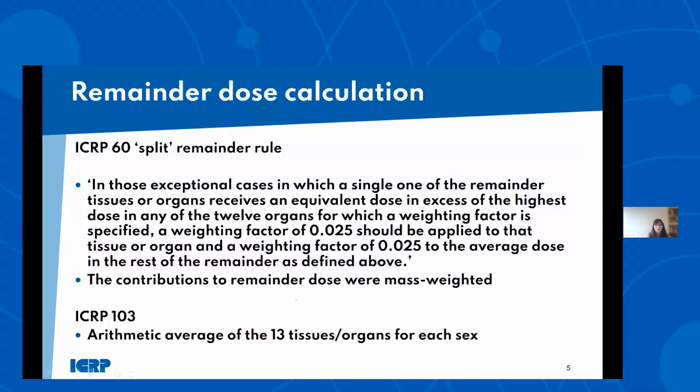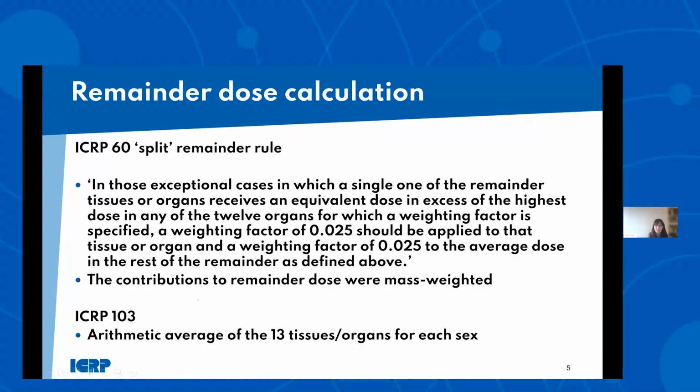And that's quite a departure from the old remainder dose calculation. In ICRP 60, they implemented the split remainder rule. So in those cases, if an equivalent dose of one of the remainder tissues or organs received an equivalent dose which was higher than any of the other equivalent doses which had a specific weighting factor, then it would be given half of the weighting factor, and the other half of the weighting factor would be applied to the average of the remaining remainder tissues.